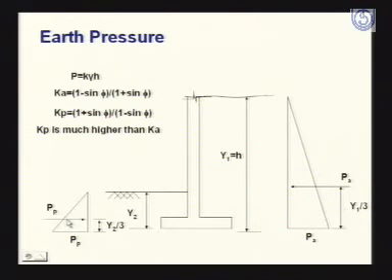Similarly, here also the total passive earth pressure is acting in horizontal direction and at a height of y2 by 3, whereas y2 is the height of the soil or the earth on the front side or the other side of this wall. Now, as I told you, there is a linear variation like the variation of a hydrostatic pressure.